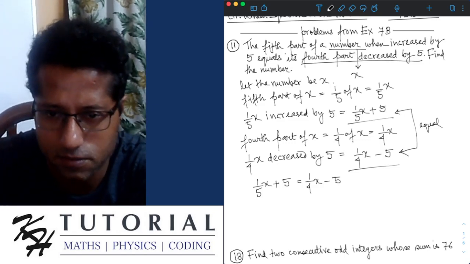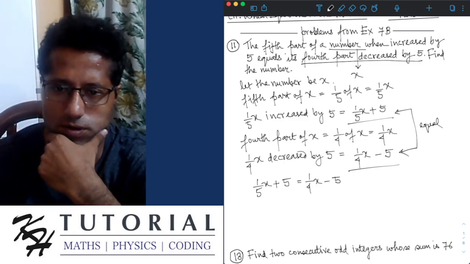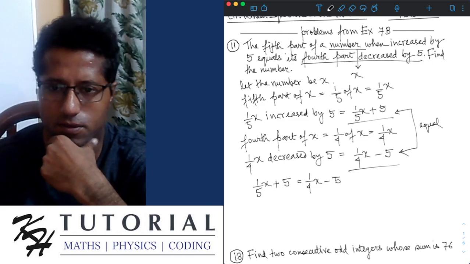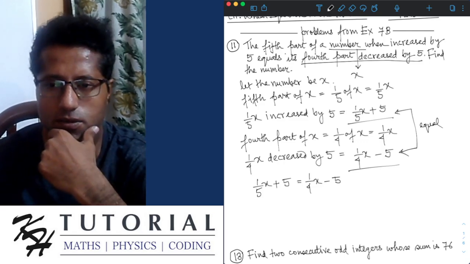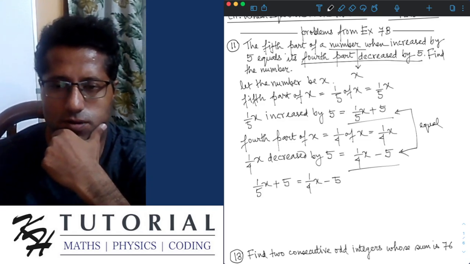So the concept is we transpose all the variable terms, that is the terms containing the variable, to the left hand side, and all the constant terms to the right hand side.